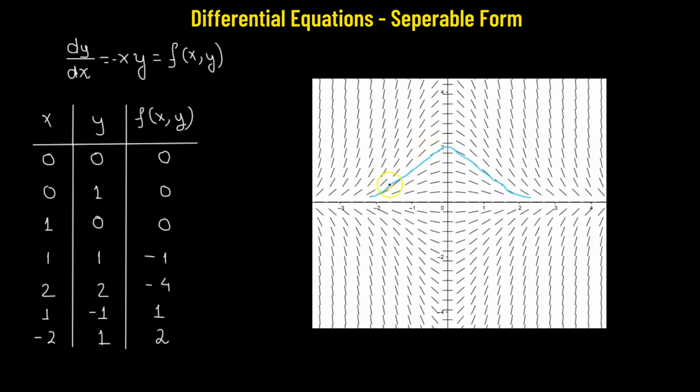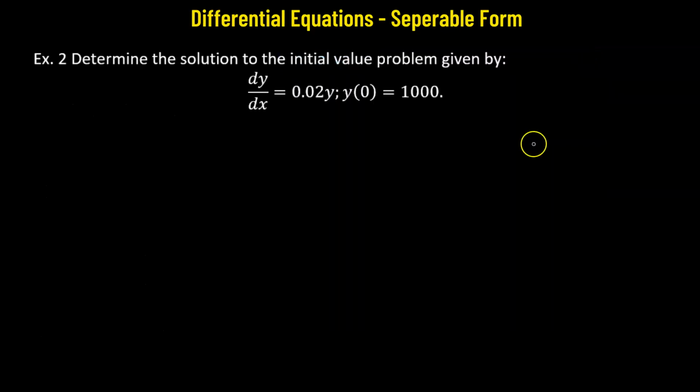And this is going to give us the family of curves represented by the given differential equation, and this is the shape of our familiar bell curve, which is e raised to the power of negative x squared. So that means our solution, which we obtained as y equals c times e raised to the power of negative x squared over 2, is indeed correct.